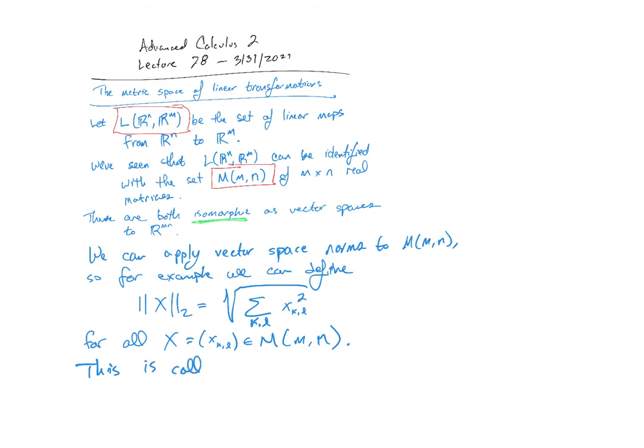So we are in a different context, though. So when we are looking at the 2 norm on matrices, it's called the Frobenius norm. Okay.